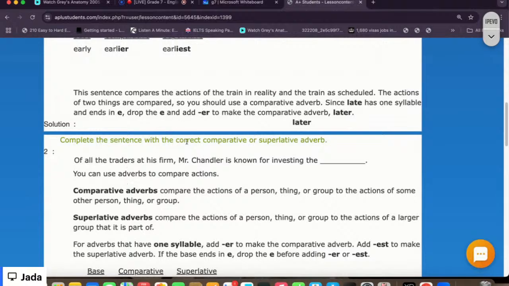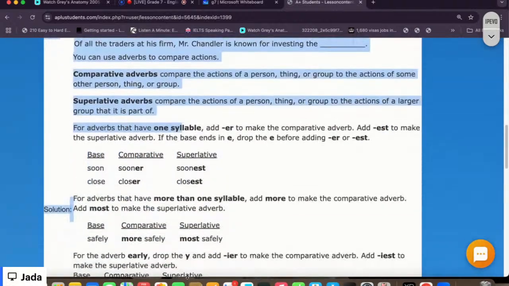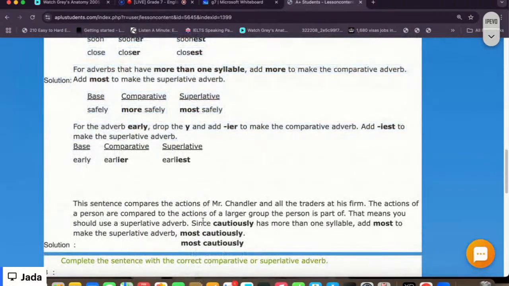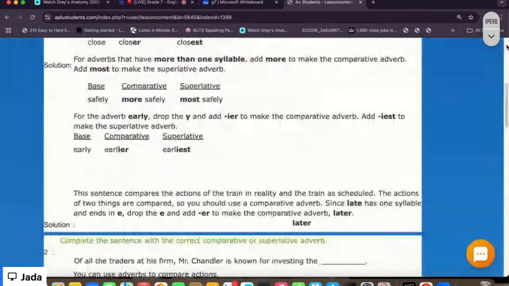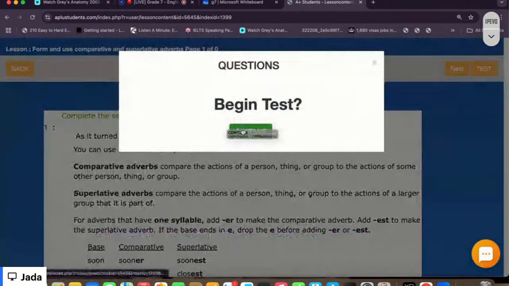Of all the traders at his firm, Mr. Chandler is known for investing the dash, most cautiously. Okay, so let's move on to the test.